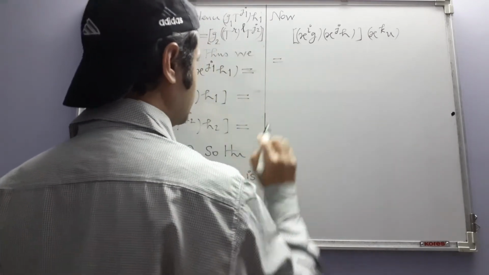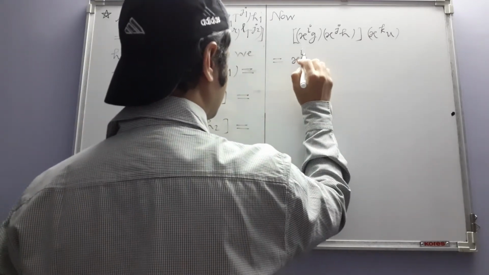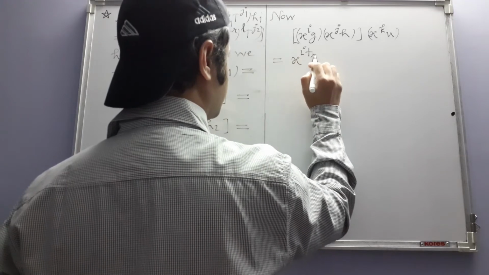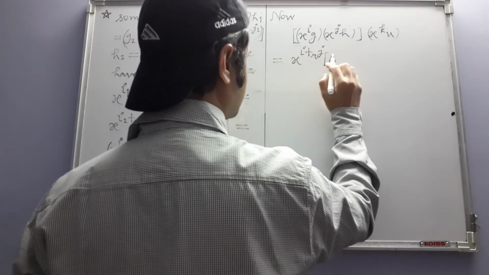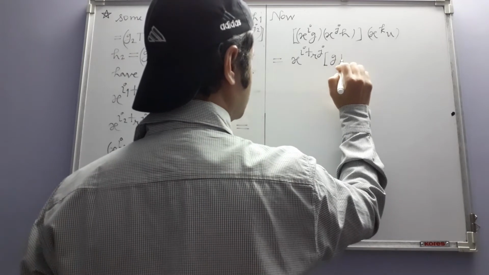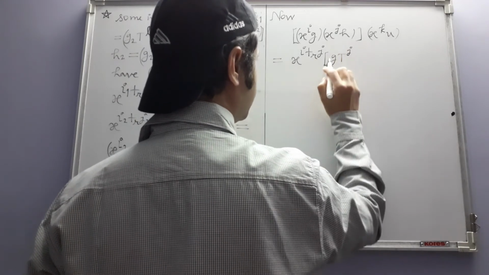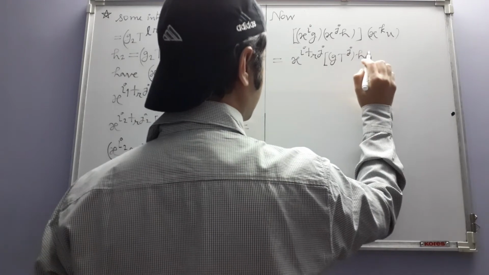Okay, so first the inner one, i plus r j, g t to the power j h.